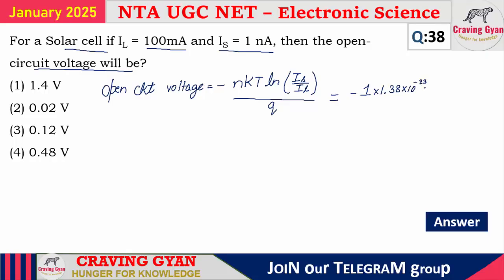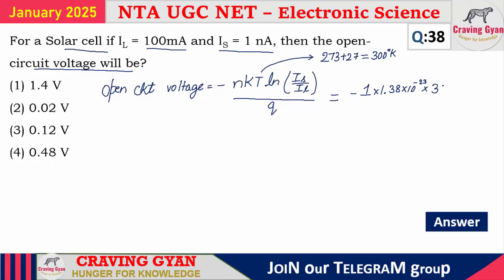We are going to take room temperature into consideration, that is 273 plus 27 degree Celsius, which equals 300 Kelvin. So always you have to express it in Kelvin only.